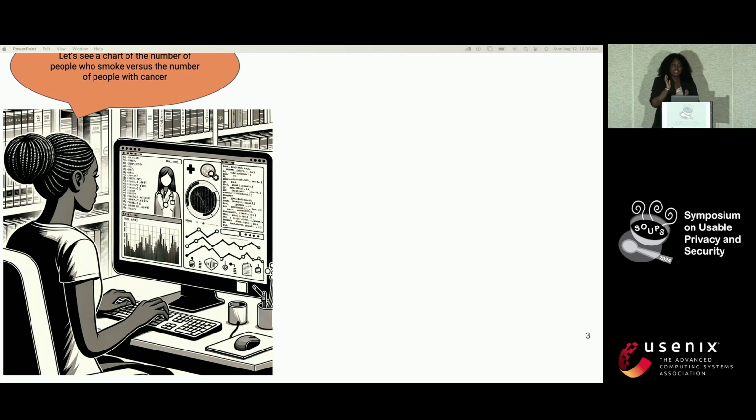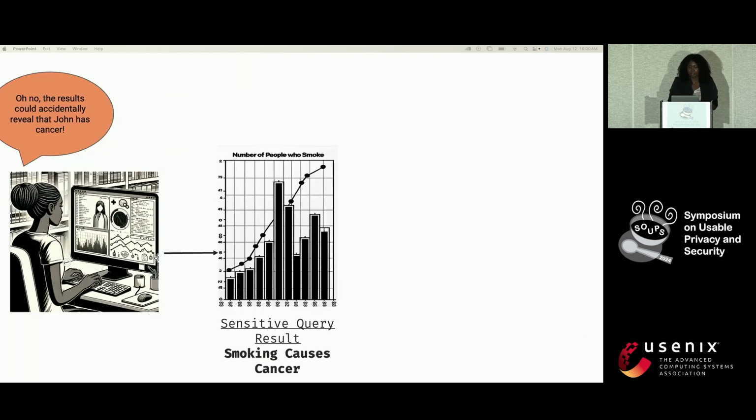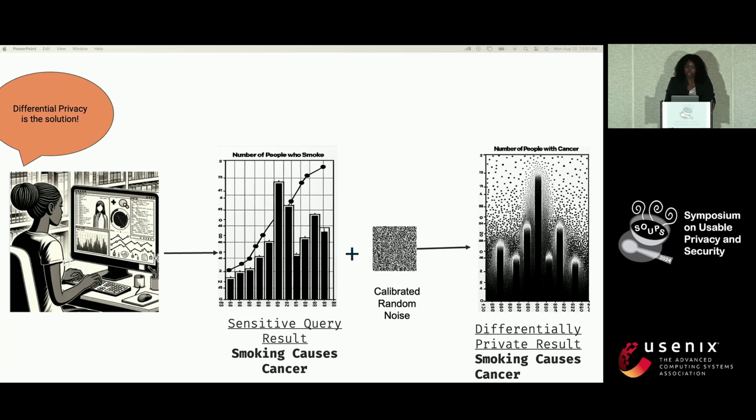To begin, let's step into the shoes of a data analyst. She wants to run queries on a data set that contains people's medical information. The analyst needs to learn useful information about the data without giving away anyone's private details. This is where differential privacy comes in.